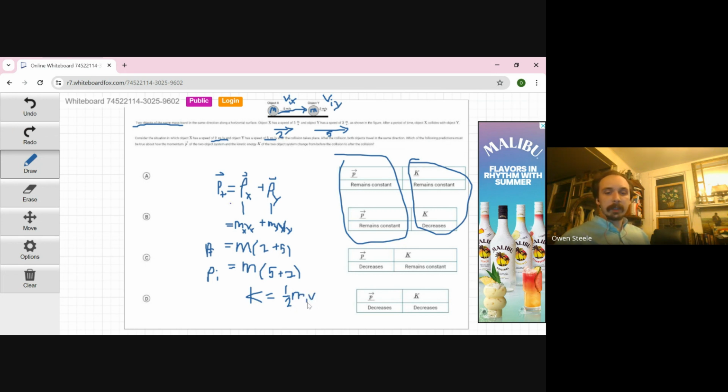So this will be 1/2 m x v x squared plus, and I'm going to write this below, the 1/2 m y v y squared. Again, we are just going to switch the numbers around. And because this m is the same, and because of this nice commutative property here, we would see that the K also is going to stay the same. So our answer in this case will just be A.